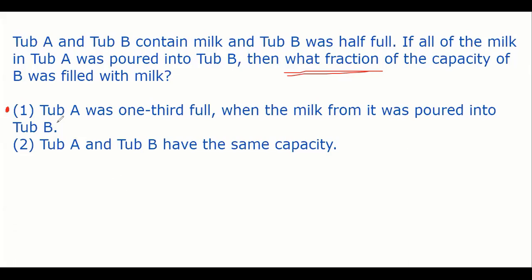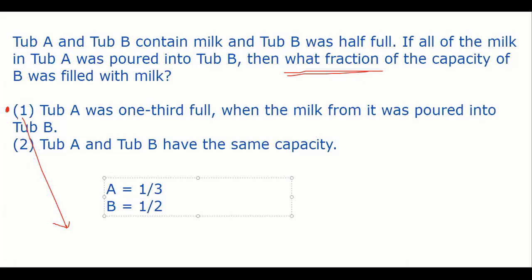You're talking about 1 alone. Tell me. The tub A was 1/3 full when the milk from it was poured into tub B. Tub A is 1/3 full. And in the question itself, B is half full. B is given, right? Yes, sir.